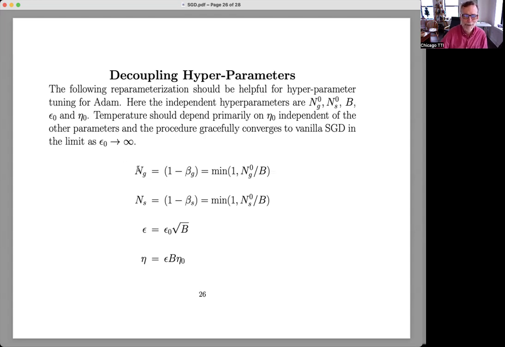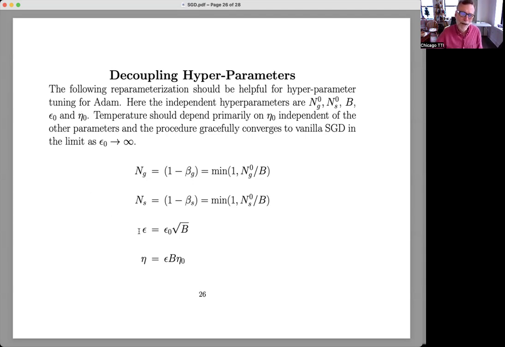And I'm going to redefine what you feed into Adam in terms of these other independent parameters, a reparameterization. And the claim is, if you use this reparameterization, then you're going to get an algorithm whose temperature depends just on eta 0, or is largely determined by eta 0, the temperature schedule. So you're focusing the control of temperature in one parameter, and the other parameters don't affect temperature.